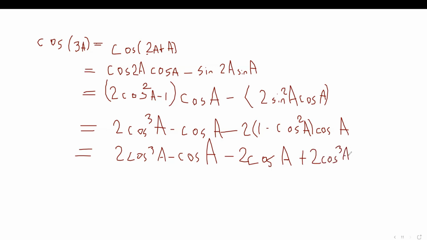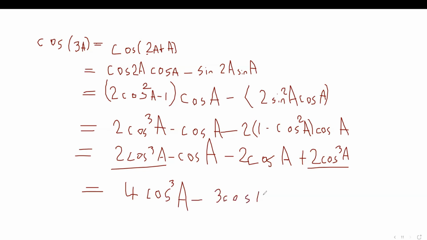Then the 2 cos cube and the 2 cos cube become 4 cos cube. And then minus cos a minus 2 cos a, that's minus 3 cos a.